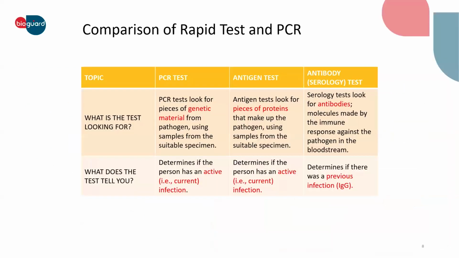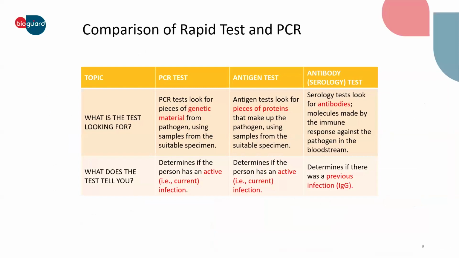This table summarizes the difference between rapid tests, antigen and antibody detection, and PCR. The PCR test detects genetic material, DNA or RNA. Depending on whether it's a bacterium, parasite, or DNA virus, it will detect the DNA.